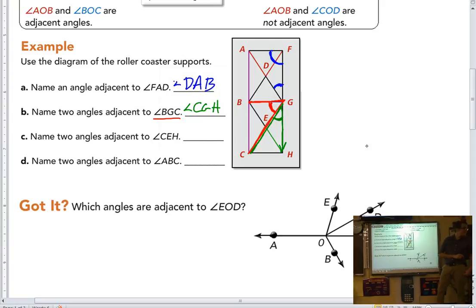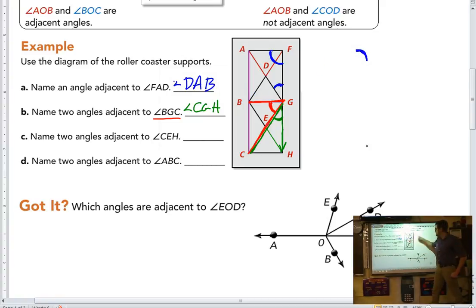What is it? ABG would be this angle right here, and it would not have the same vertex. So you've got to be careful that your vertex is that middle point. You have the right points. You don't have them in the right order. You need to use points A, B, and G, but not in this corner. It needs to be in this corner.